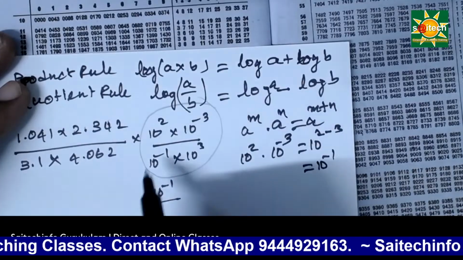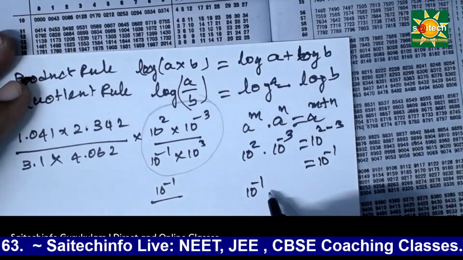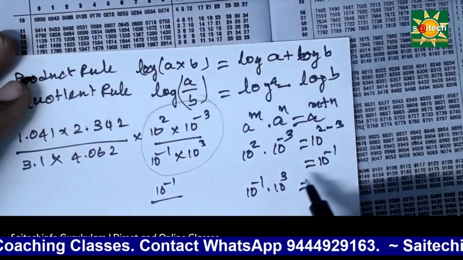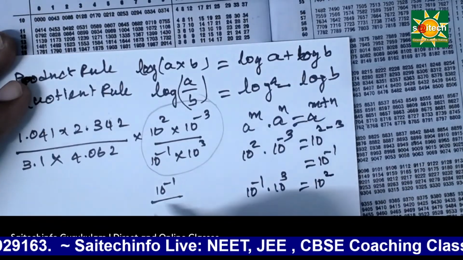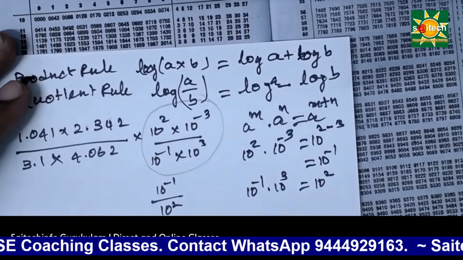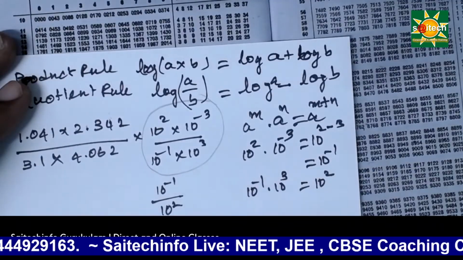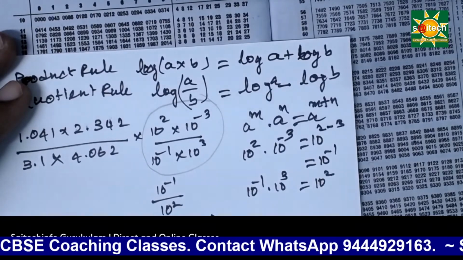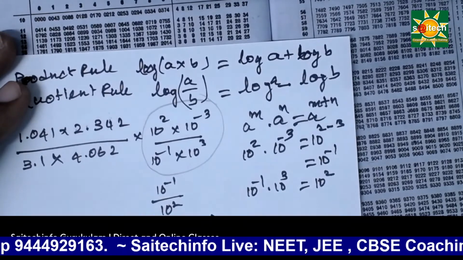Do you understand? That is why I have written here. And the denominator, 10 power minus 1 into 10 power 3, gives 10 power 3 minus 1, that is 2. So finally it becomes 10 power minus 1, and this 10 power minus 2 can be taken in the numerator as 10 power minus 2. So totally 10 power minus 3. So the answer given here should be multiplied by 10 power minus 3.